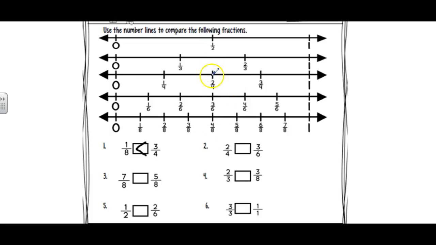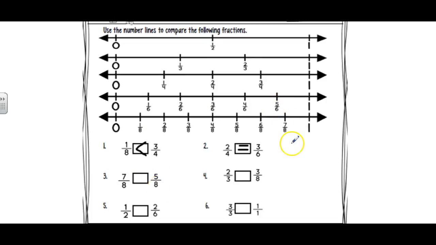Okay, so here's 2/4 and here's 3/6. Since these two fractions are at the same place on the number lines, they're both the same distance away from 1/2. So that tells us that these two fractions are equal. If they're at the same place, then they're going to be equal. And we did that back when we were doing equivalent fractions. 7/8 and 5/8.